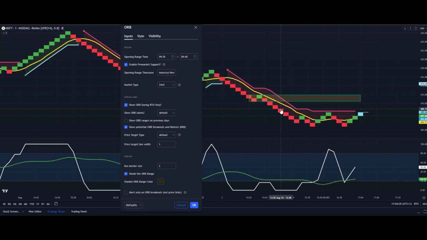So below the ORB is bearish, and above the ORB, bullish. Let's just reset that back to the 9:30 to 9:35 setup that I had before.